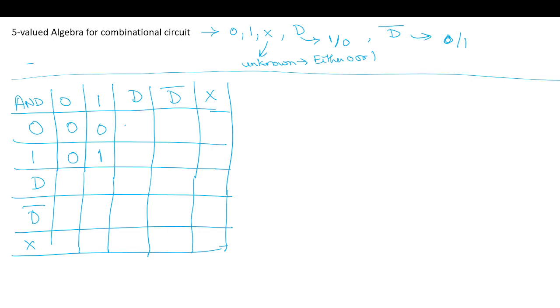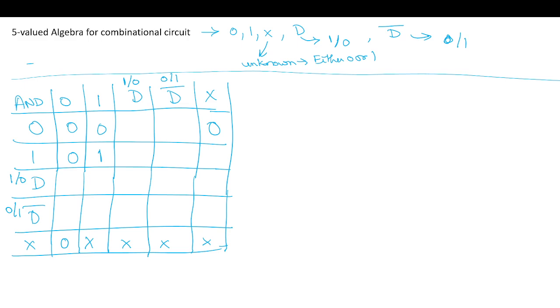Now, we know this is 1 by 0. It is 0 by 1. 1 by 0 means fault free is 1 and faulty is 0. X is unknown. If we have a controlling value, then we can say it should be 0. Otherwise, it will remain don't care.